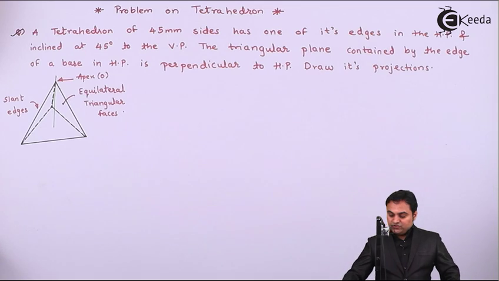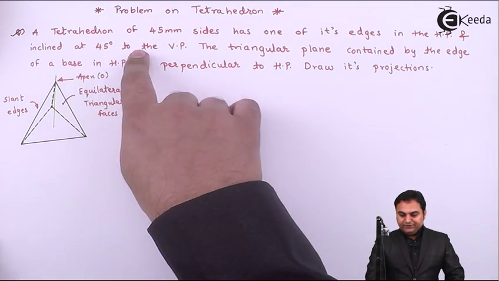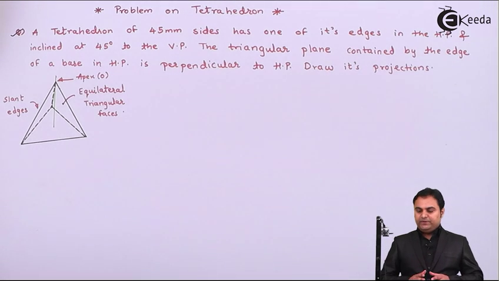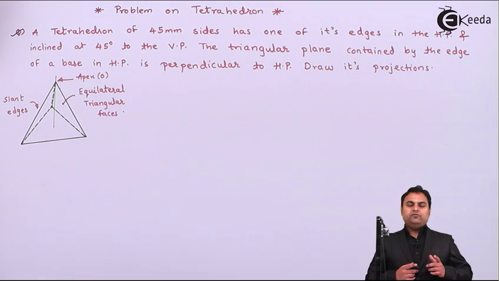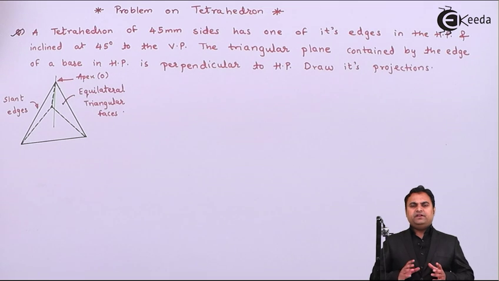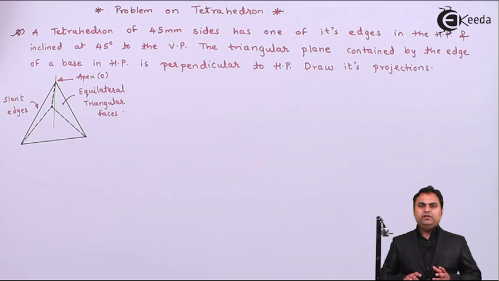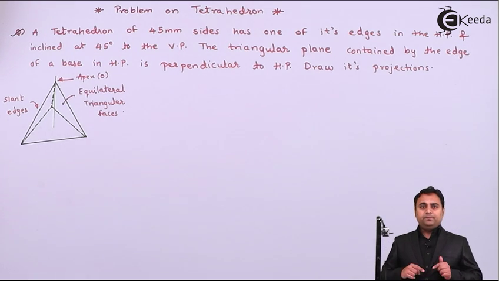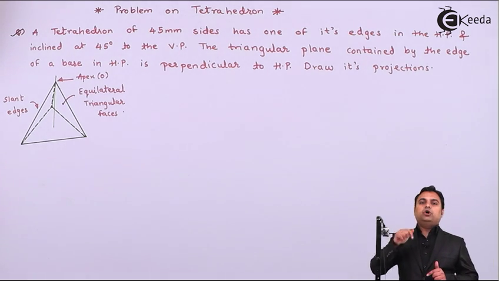Now when I read this question, it is given that tetrahedron of 45 sides has one of its edge in HP. If one of its edge is in HP, it means the entire tetrahedron is in HP. So meaning is we are going to see the equilateral triangular base of the tetrahedron from the top view.